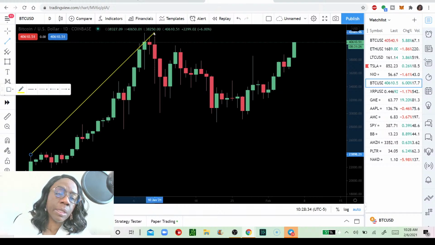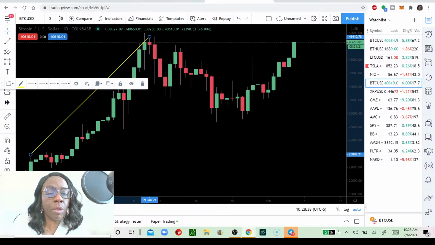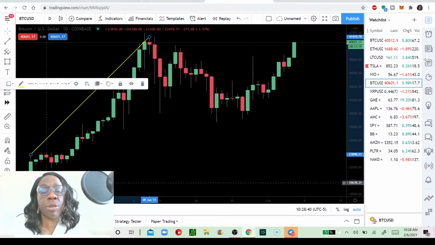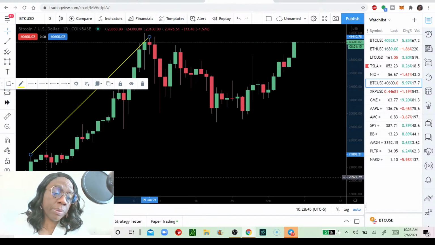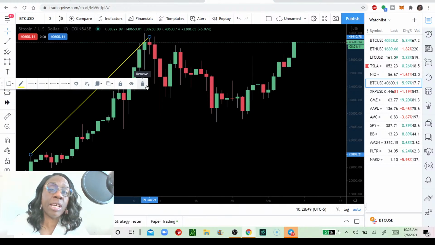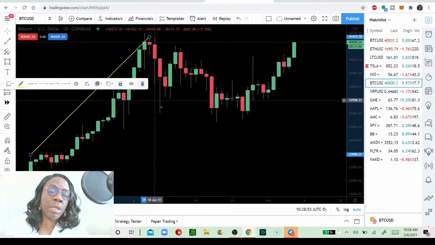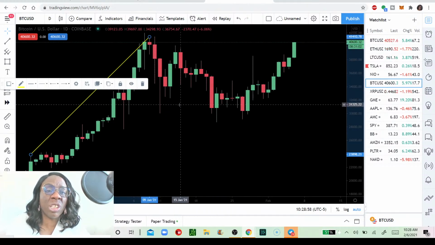This will work, 3 touches there, and then we draw a lower trend line to touch our swing lows within this uptrend. Remember, a trend line works within a trend, an uptrend or a downtrend. We're not going to be drawing trend lines around this area here, where we have what we call consolidation.